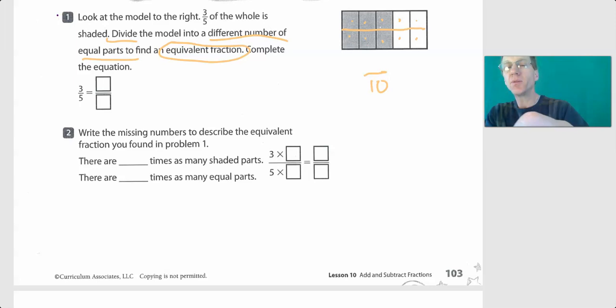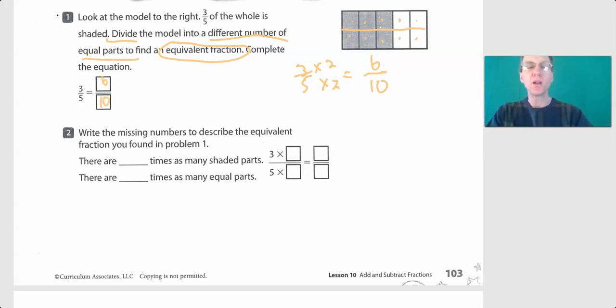And instead of 3 big pieces, now you doubled it, you have 6. So really what we did was double the number of slices to make a whole. And when you double the number of slices by cutting it, you also double the number of pieces you have. Of course they got smaller, but it's the same amount, 6/10.